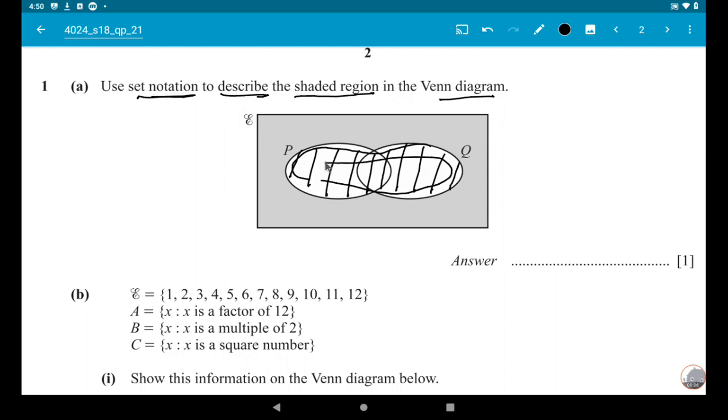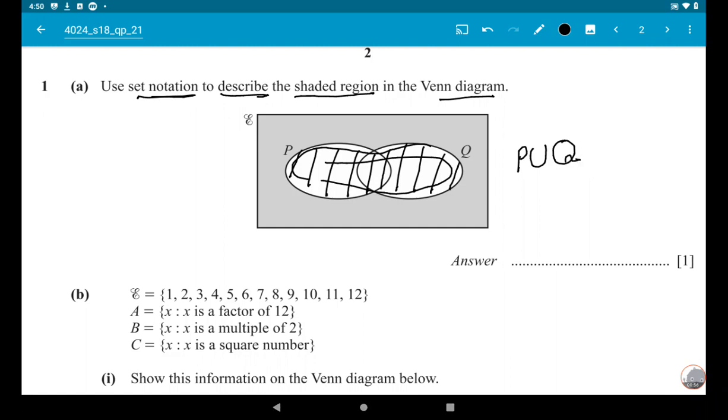I think it's a union. Like we write P union Q. Okay.